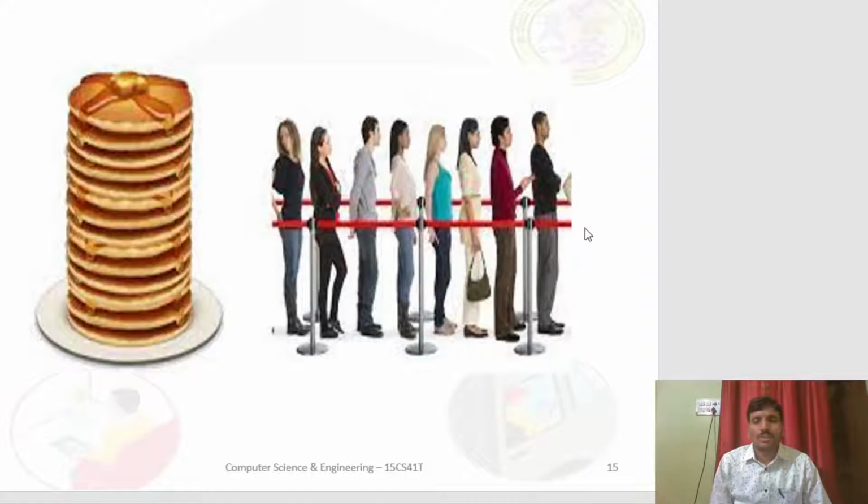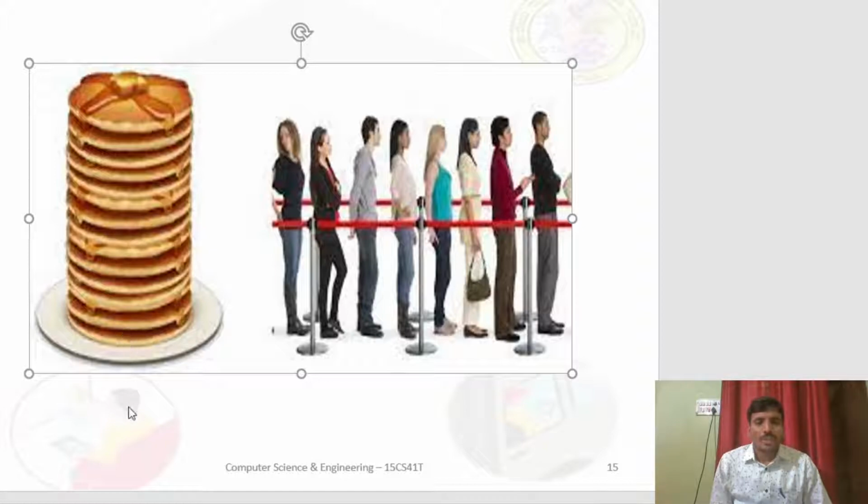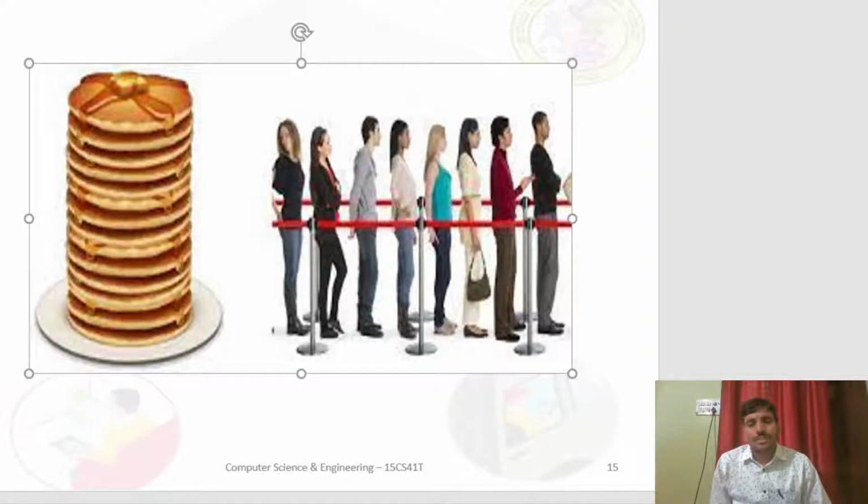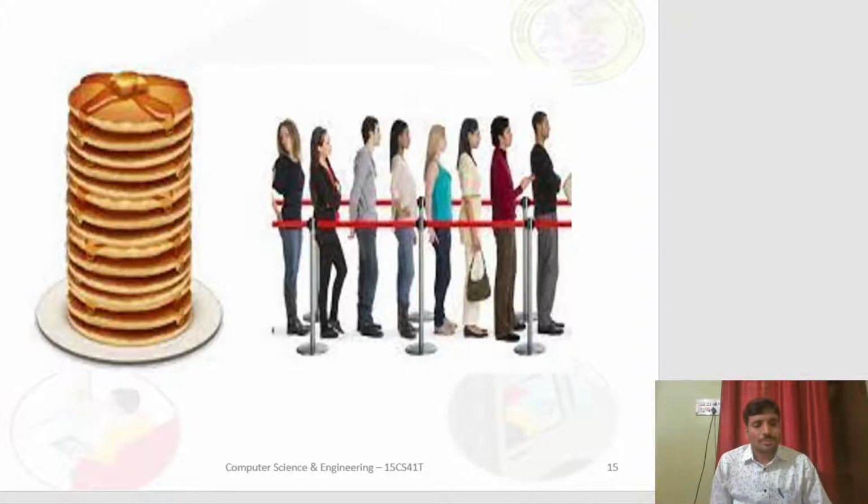First come, first serve basis, right? What is this? This is a stack where elements are placed one above the other, and the element which comes last is served first, and the element which comes first is served last. Okay, so this is stack data structure, and this is queue data structure.